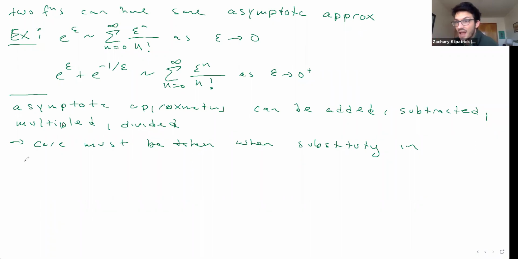If I made an asymptotic expansion assuming something about the size of the argument, I have to worry about that when I'm substituting an expansion in as that argument.